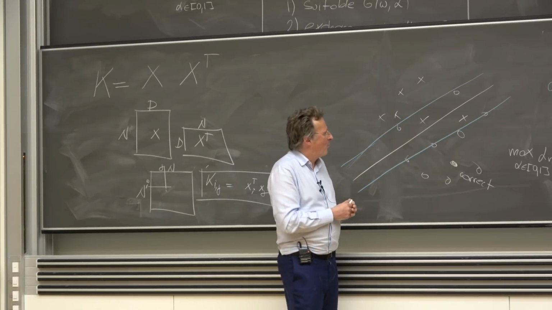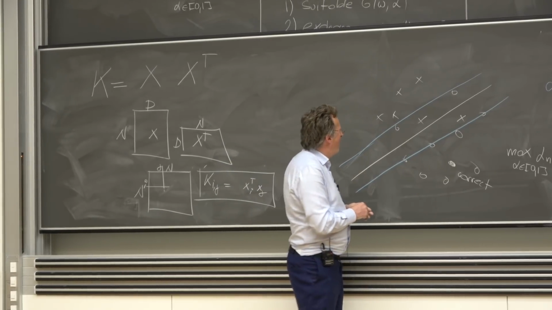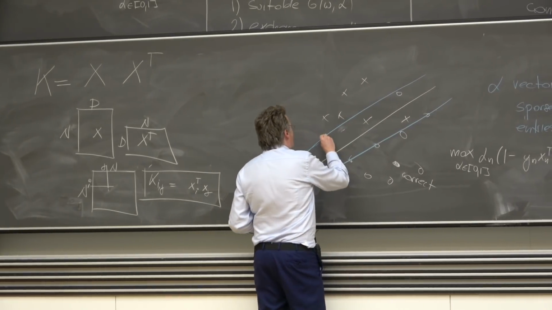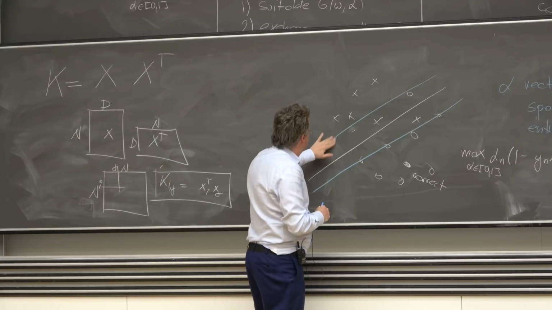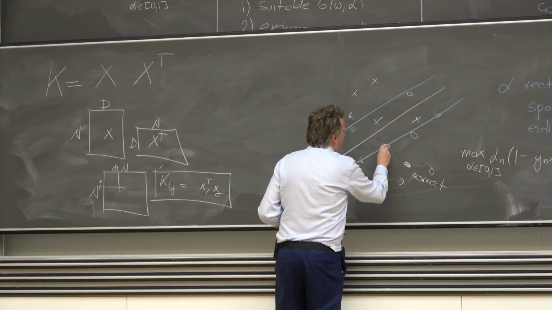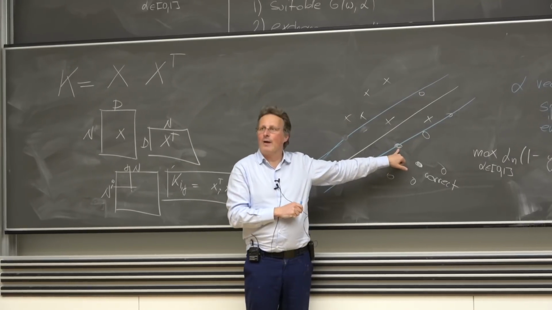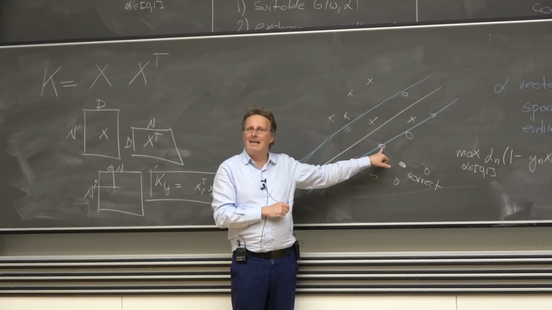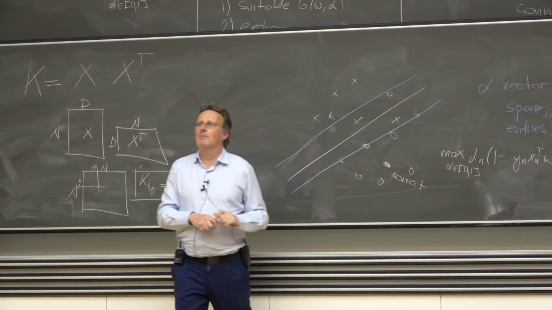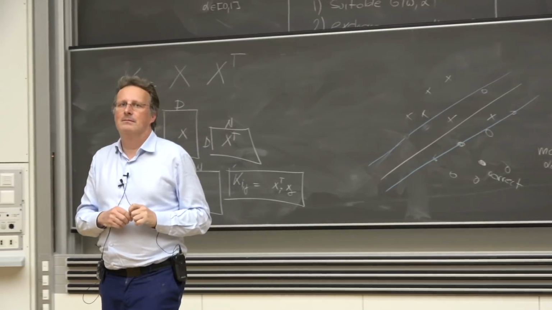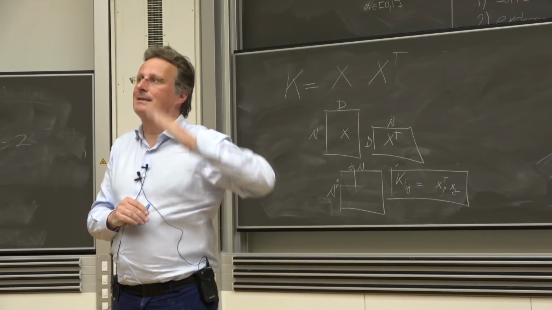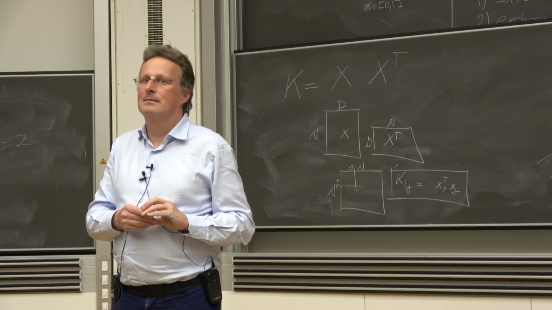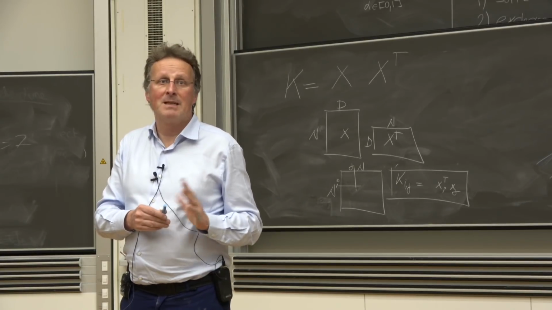Then we have other points. Let me make one up since we don't have one. Let's look at this point. This point is correct, but is exactly on the margin. What does this mean for the argument? To be exactly on the margin, it must be 1.